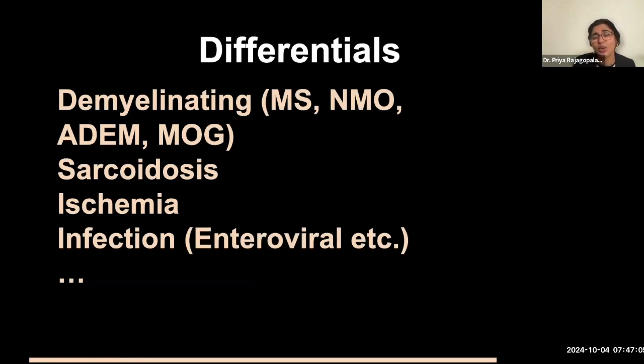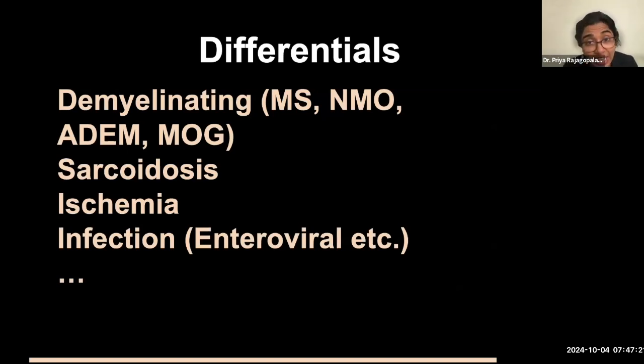And whenever we are looking at a spinal cord tumor, it is not always a classic presentation. It's not very easy to identify what type of tumor it is because there are other differentials to consider.